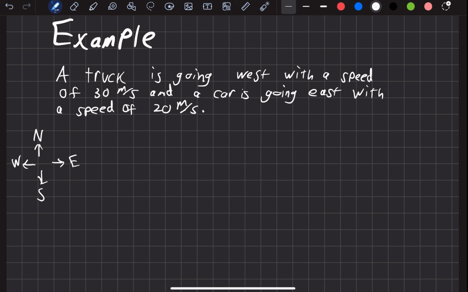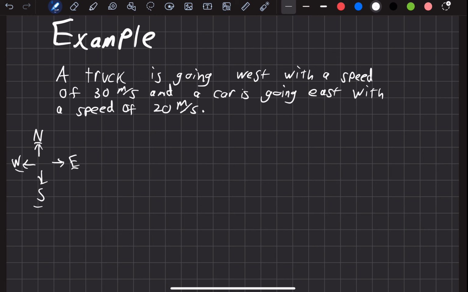The north is up, east is to the right, south is down, and west is to the left. I always learned it by never eat soggy waffles if you're going clockwise around it. Anyways, the importance of that is that a lot of physics problems wind up using those coordinates, those directions, for indicating the directions, and this problem is one of them.